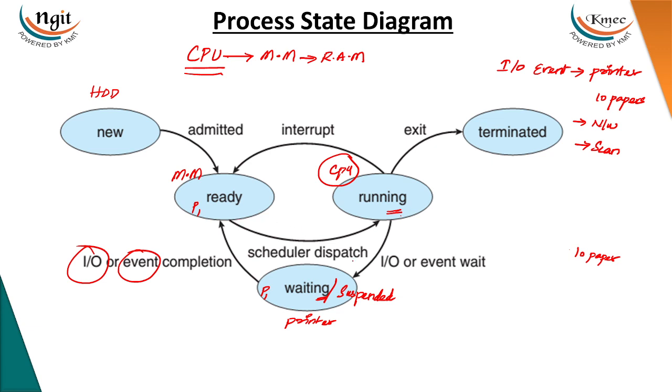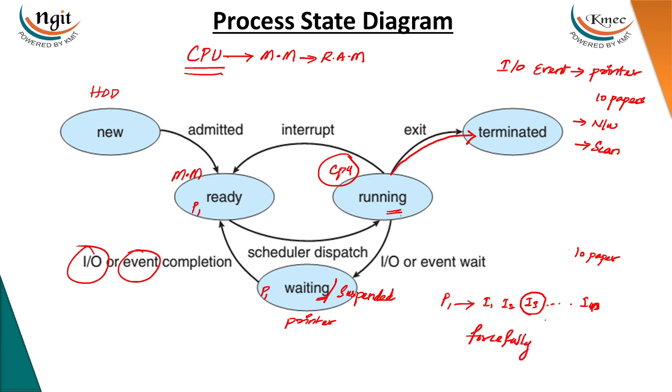If a process has completed all the instructions I1, I2, I3, and so on up to IN, then once all the instructions are executed, the process will be terminated. So it will have a state called the terminated state. Sometimes there are processes which will not execute all of their instructions, and we forcefully terminate the process.